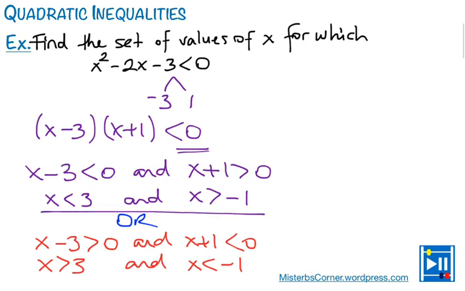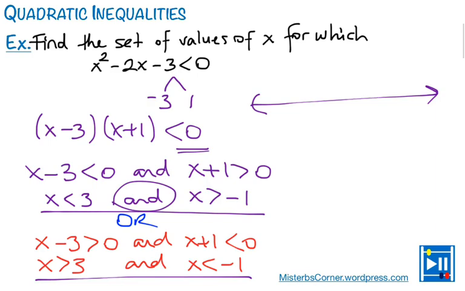Is it this or this being possible? Let's check this out. Can x be less than 3 and bigger than negative 1? So this is an AND situation, right?